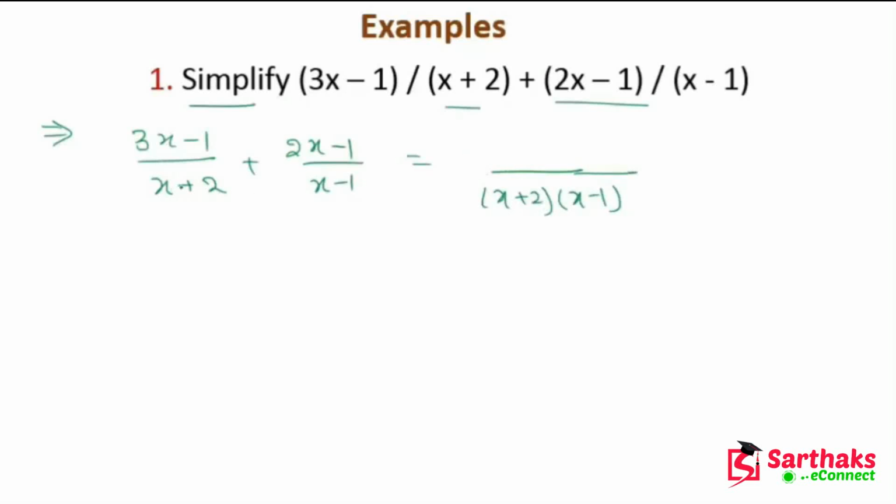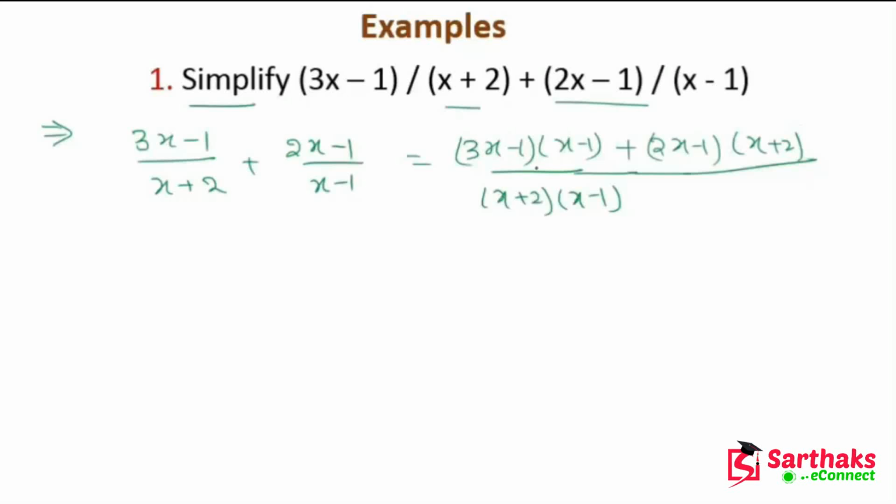Dividing by x plus 2, it cancels, and we multiply x minus 1 to 3x minus 1. Then dividing by x minus 1, it cancels, and we multiply x plus 2 by 2x minus 1.